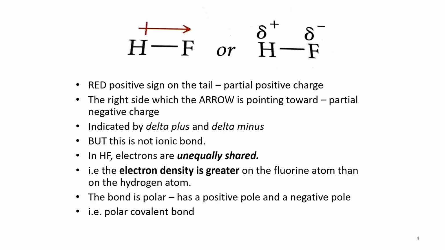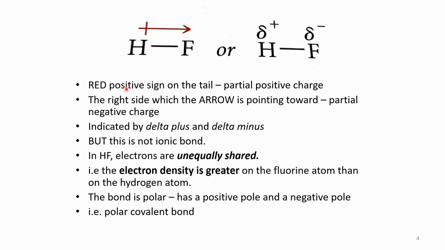So dalam simbol kimia, alignment ni kita akan wakilkan sama ada dalam bentuk anak panah cross ni ataupun dalam bentuk macam delta plus dan delta negatif.